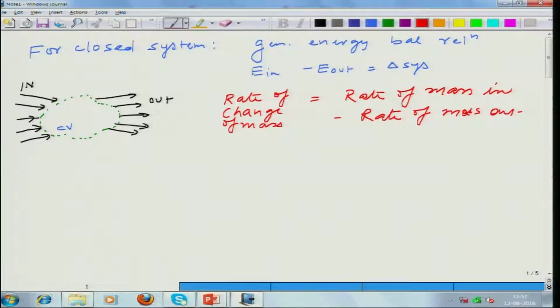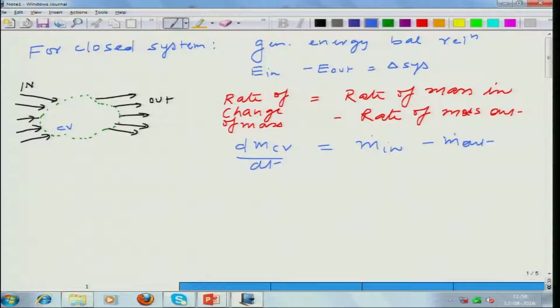In general, we can write this expression in mathematical form by considering the mass of the control volume as m_CV. So this will be the change in the mass of the control volume, and the rate of change of that should be equal to whatever comes in, in terms of m dot: the rate of mass in minus the rate of mass out.